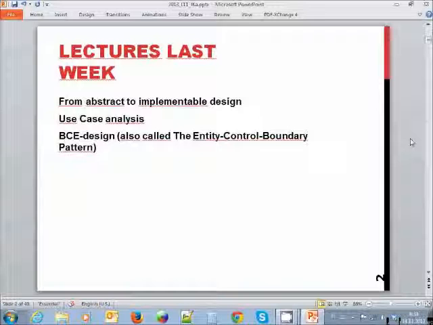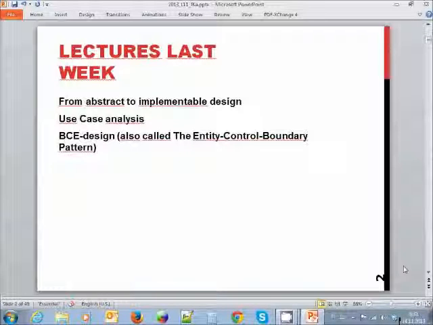The BCE design model is also called the entity control boundary pattern, but since Rational itself uses the BCE name, I'll stick to that, because Rational is also the company that defined the Unified Process model, and also the UML definitions.